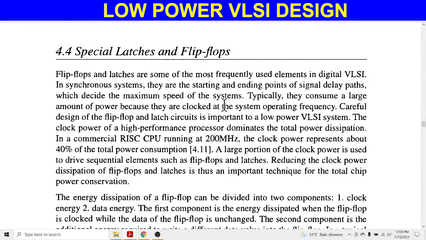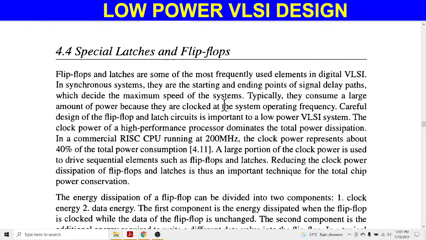Because of this, the power requirement increases in the integrated circuit. If we compare the data input and the clock input, the data rate is very low compared to the clock rate.